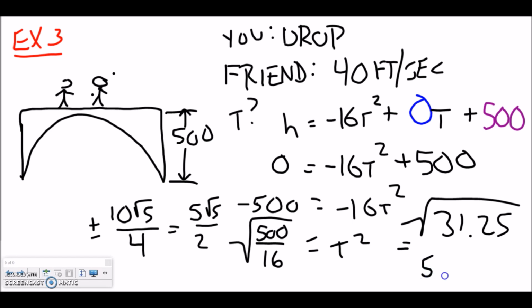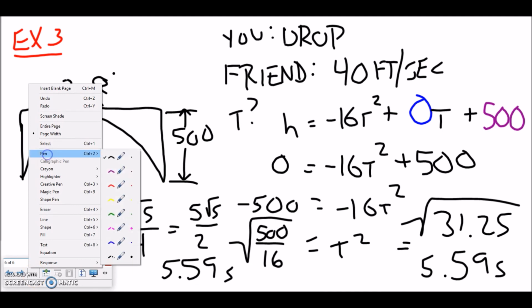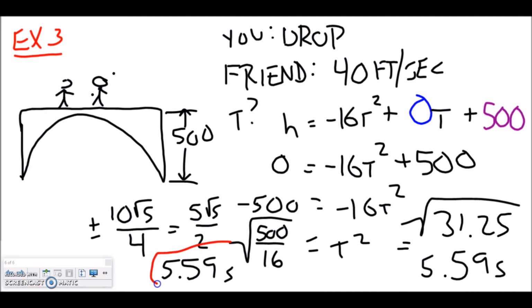Either way, you should get 5.59 seconds, if you do 5 square roots of 5 divided by 2, or if you just did the square root of 31.25. Not too much math involved on that one, so that was good. So if you drop this rock, it should hit the ground around 5.59 seconds.